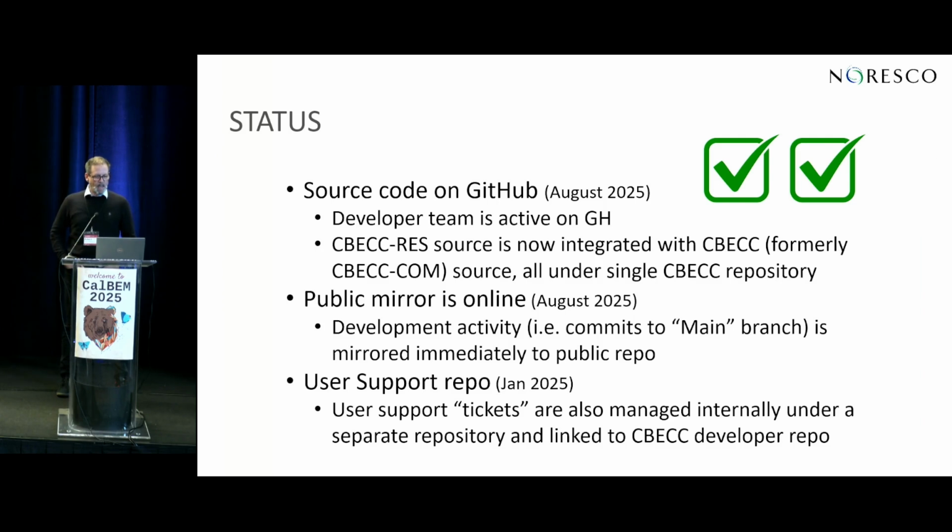So in terms of status, as of August of this year, the source code has been migrated to GitHub. And the dev team is basically living in that world now instead of SourceForge.